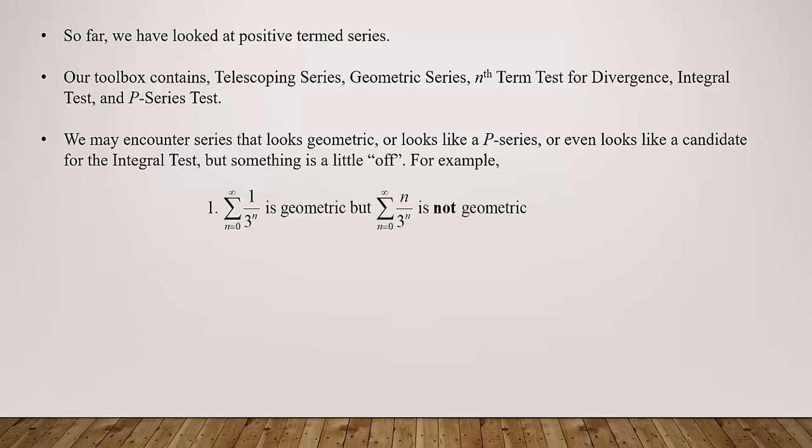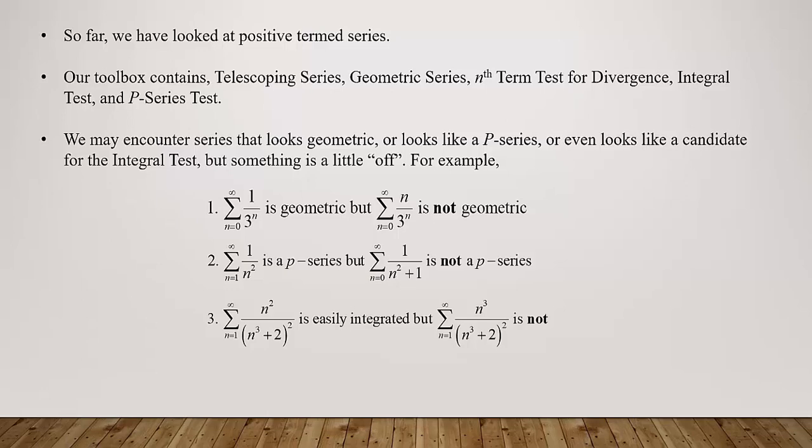For example, we know the series 1 over 3 to the n is geometric, but n over 3 to the n is not geometric. We know the series 1 over n squared is a p-series, but the series 1 over n squared plus 1 is not a p-series.